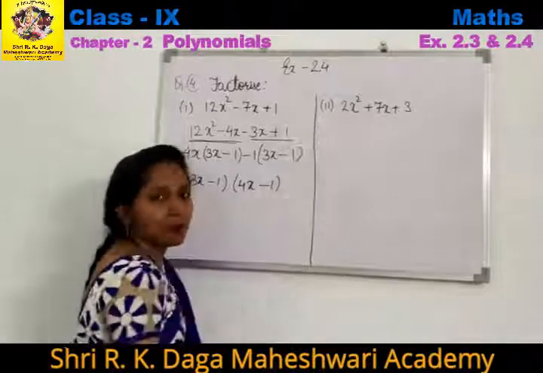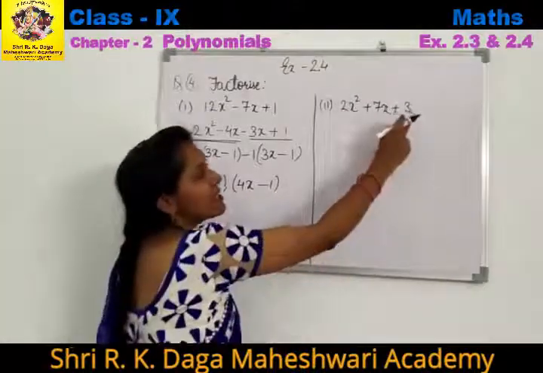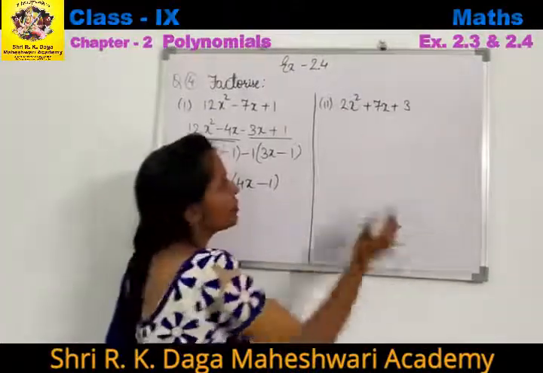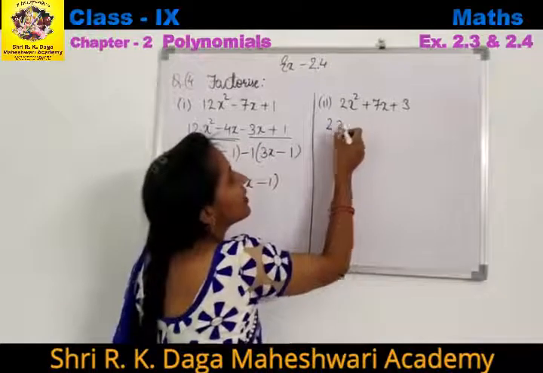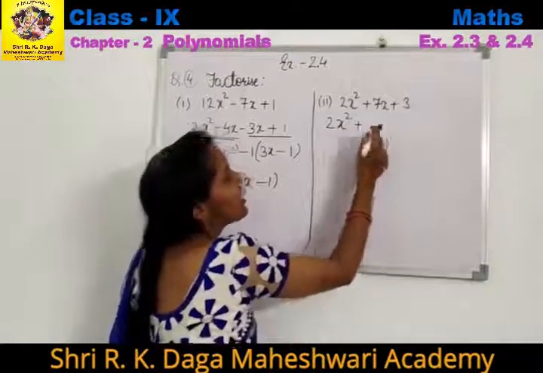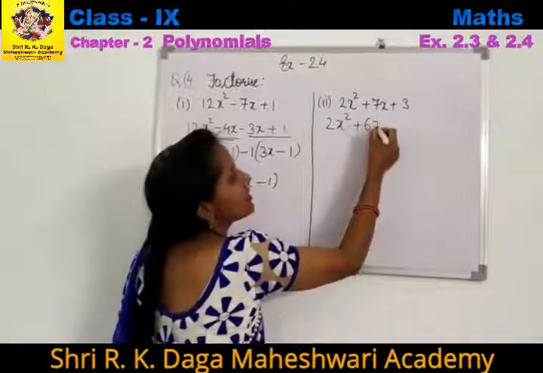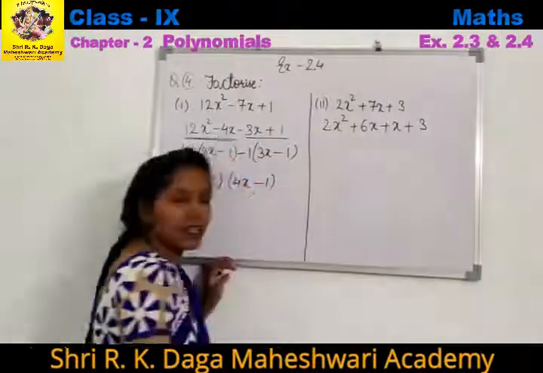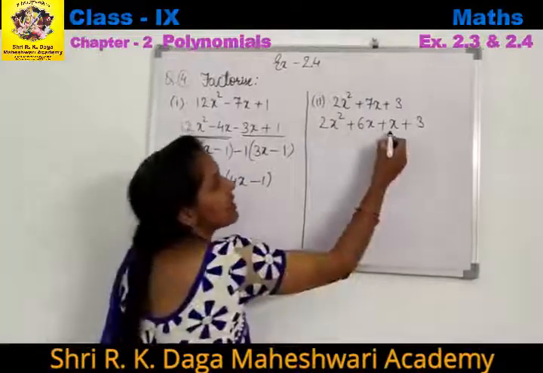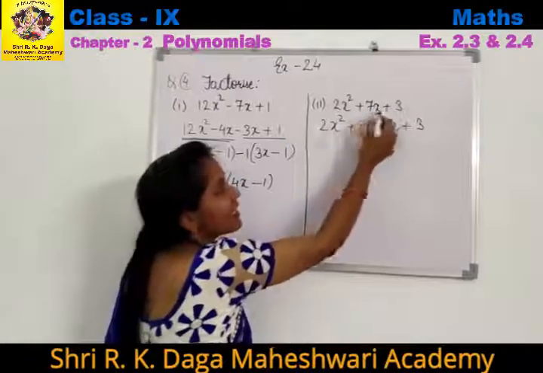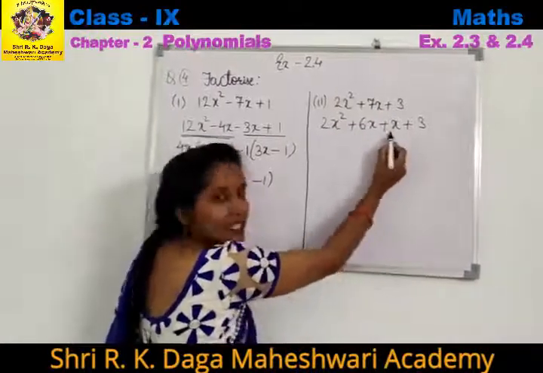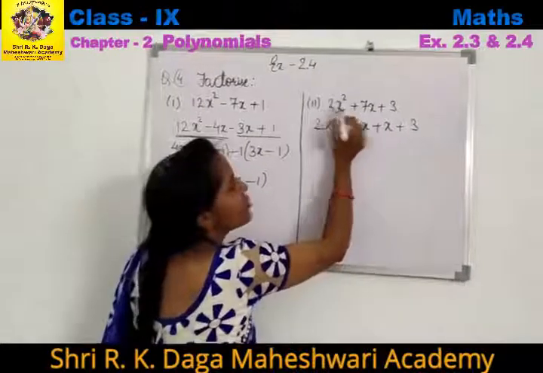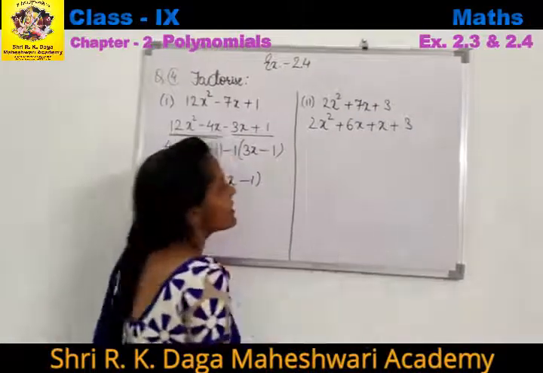In the second example, you can see 2x square plus 7x plus 3 is the given polynomial. When we split the middle term, we can write this as 6x plus x plus 3, because 6 plus 1 is 7x, and 6 ones are 6 and 2 threes are also 6.